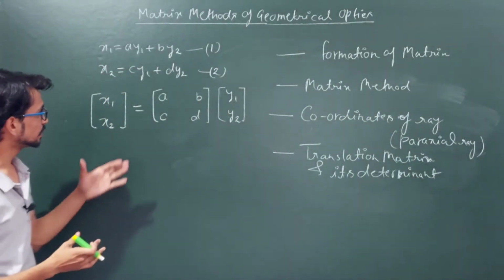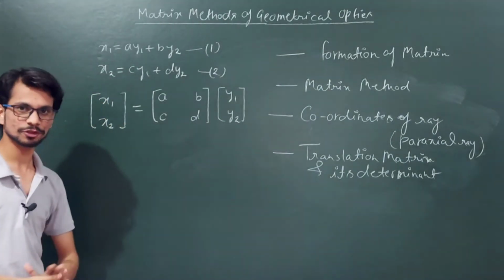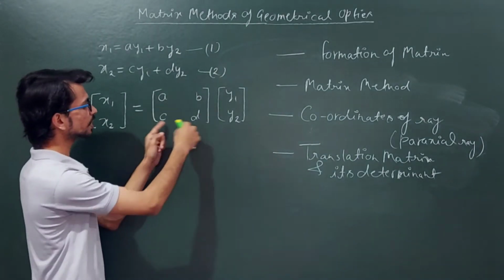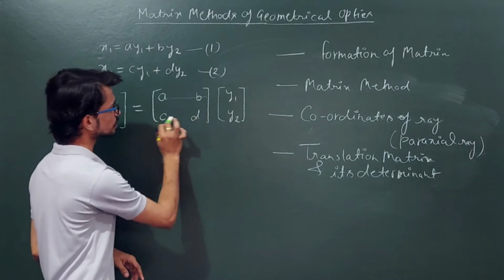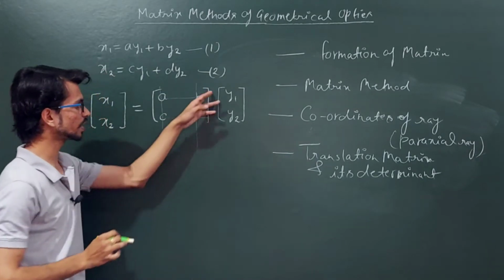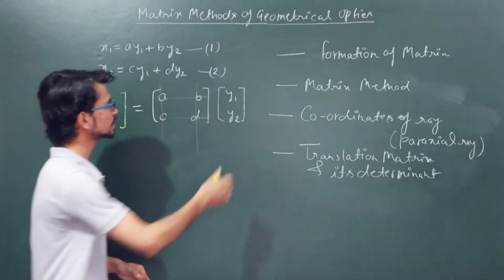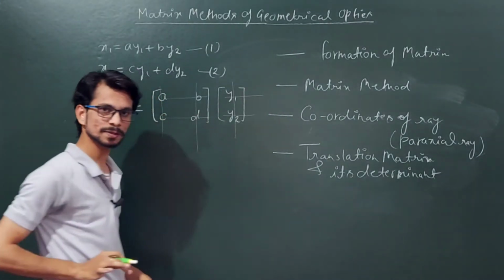Now let us check whether this matrix formation is correct or incorrect. I can multiply this 2 by 2 matrix, because it has 2 rows and 2 columns, with this 2 by 1 matrix.